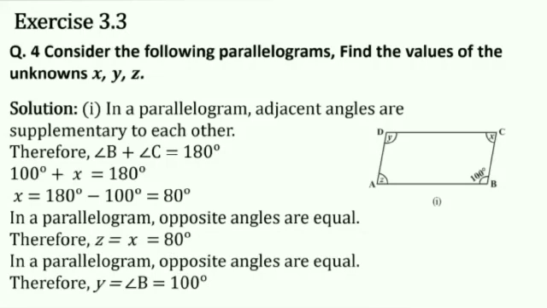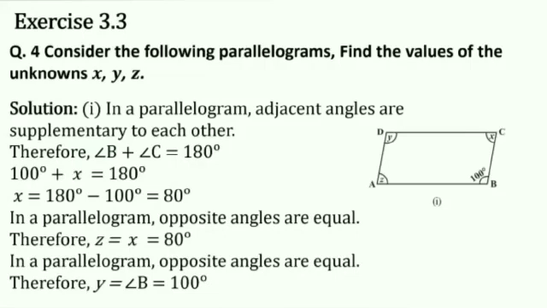You have to find out the values of x, y, and z for the given diagram, which is a parallelogram. Here, angle B is given as 100 degrees, and you have to find the value of x, y, and z. Now remember the properties of parallelogram. We know that the adjacent angles of a parallelogram are supplementary.